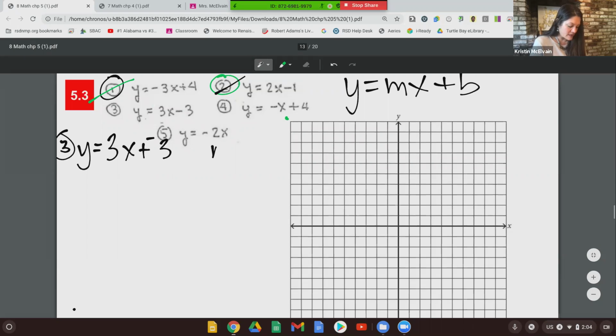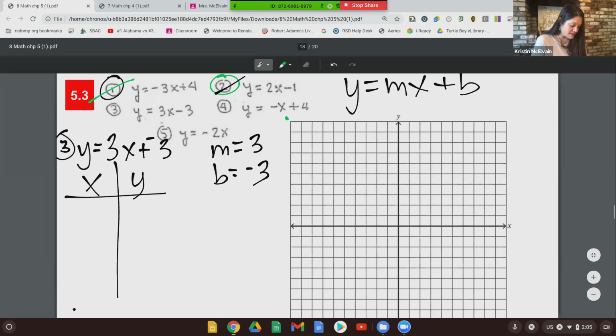So my m equals 3 and my b equals negative 3. If I were to do an xy table, first one I'm going to do is x is 0. I'm just taking this equation to find out what y is. So it's 3 times 0 plus negative 3, which of course is negative 3. Awesome. That is my y-intercept and it matches.